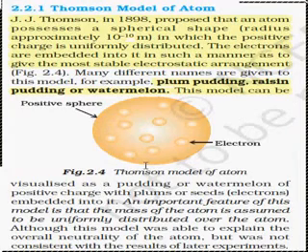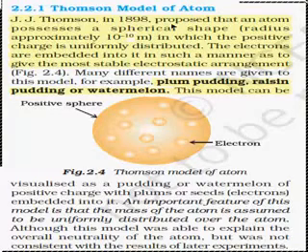Different atomic models were proposed to explain the distribution of particles in an atom. Among them, the models given by J.J. Thomson and Rutherford were of great significance because they gave the way to modern structure of an atom. Thomson's model of an atom.